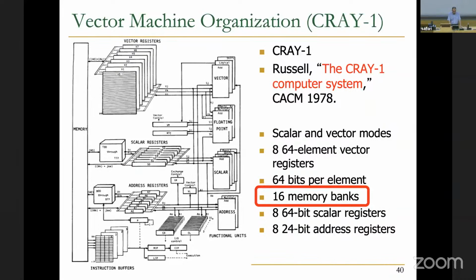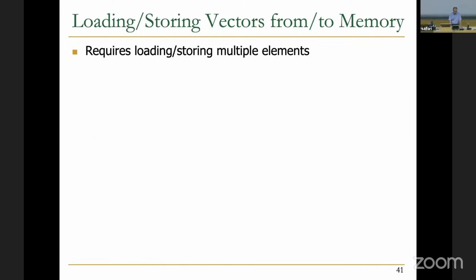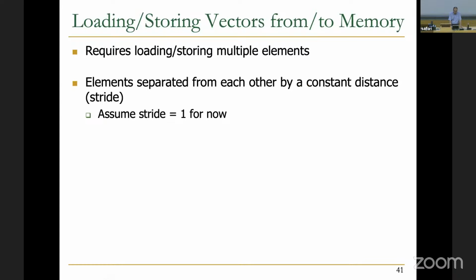Okay, and in this explanation of the Cray-1, you can see that we have 16 memory banks. I'm going to cover this a bit more, but this is essentially because we need high memory bandwidth. As I discussed, one of the limitations of SIMD architecture is that we rely on memory bandwidth a lot, and we need quite a lot of it. So basically, we need to load and store multiple elements, and the elements are separated from each other by a constant distance that we already discussed. We call it the stride.